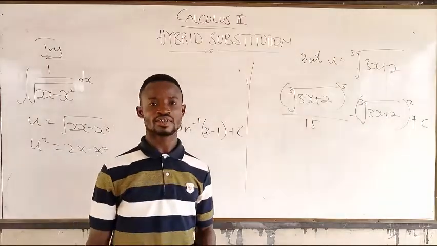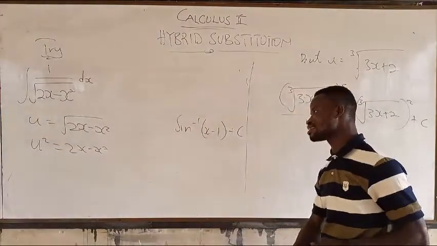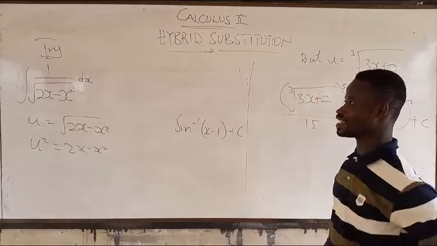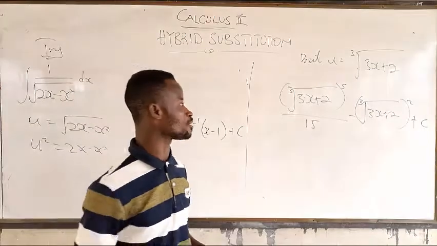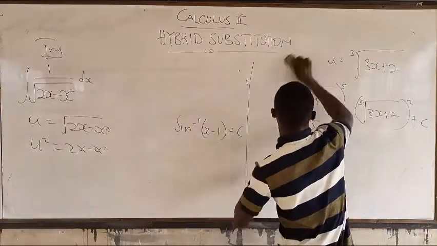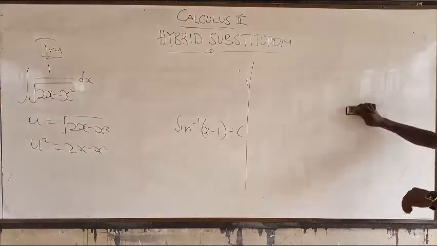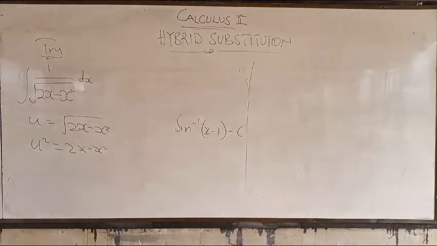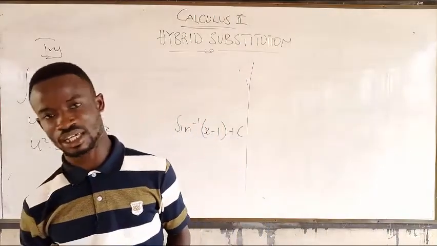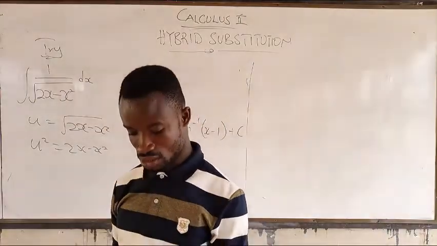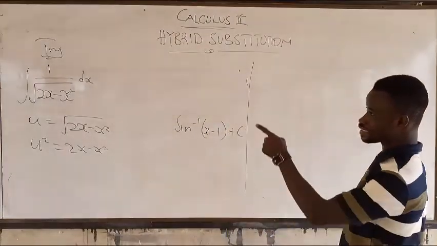Alright. Now, let me chip in this. With this question, you don't have to go by this, you can use u substitution. But you have to apply your algebra work.